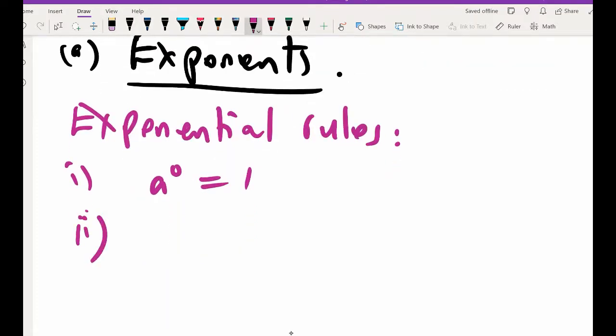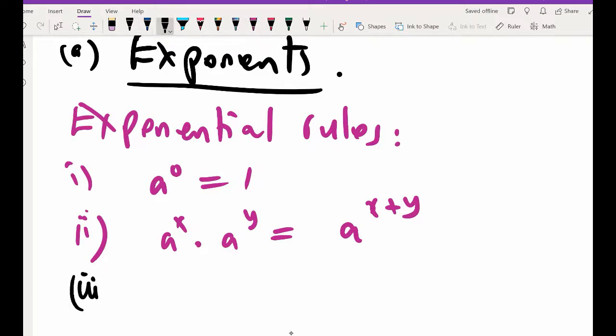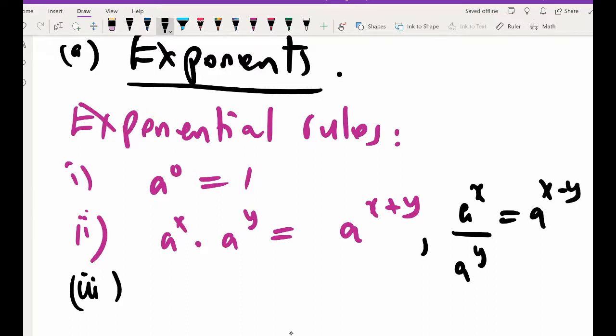The second one, if you have a^x times a^y, this is equal to a^(x+y). Again, if you have a^x over a^y, you know that this is a^(x-y).